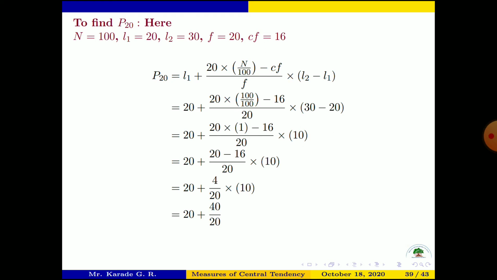So equal to 20 plus 40 upon 20, and finally we have 20 plus 2, so it is 22. So the 20th percentile is nothing but 22. Okay, 22 marks is the 20th percentile of the given grouped frequency distribution. So 22 denotes the marks.